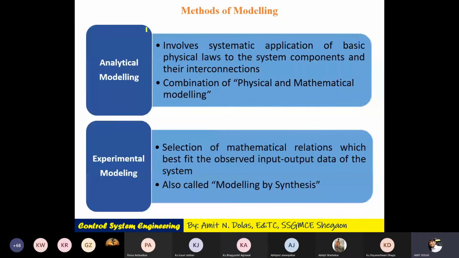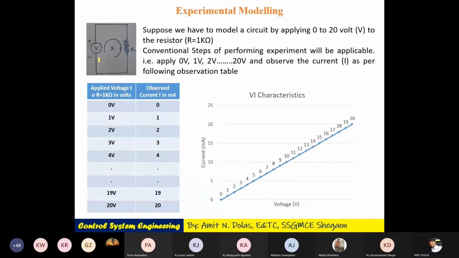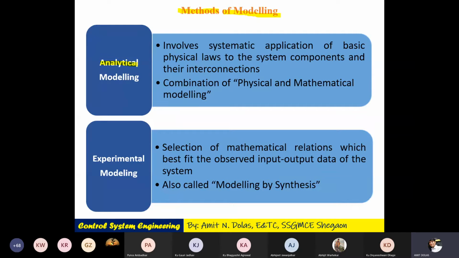Moving to the methods of modeling, you will find certain theory in this topic. There are basically two methods: analytical modeling and experimental modeling. We'll have small examples to understand this.